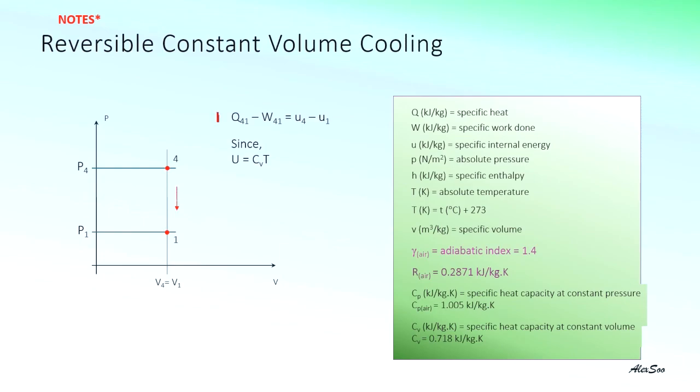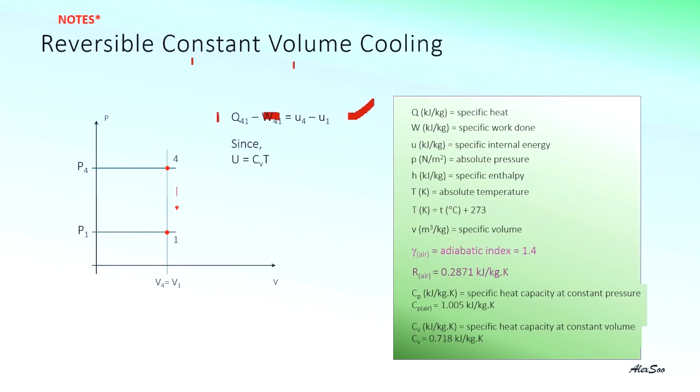So based on the non-flow energy equation, we know that if volume is constant, the work here should be 0. If the work is 0, then heat is equal to the change of internal energy. So you can use this to find out the heat rejected or the heat supplied.